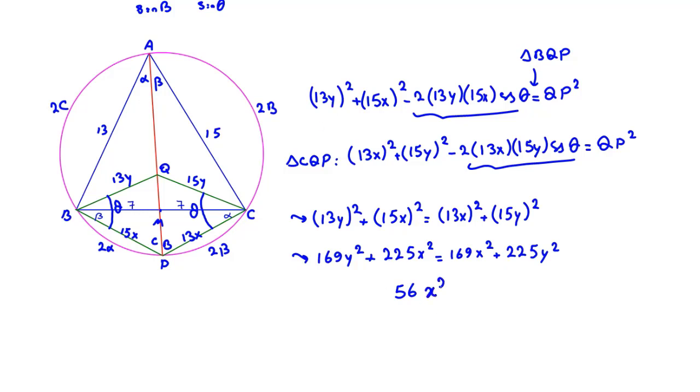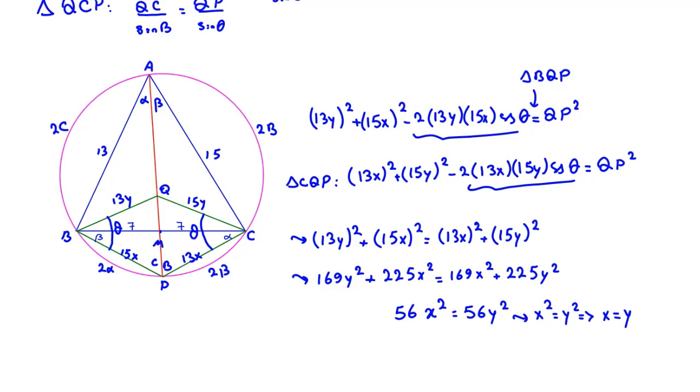So 56x squared equals 56y squared. So x squared equals y squared and x equals y. Okay, now we can erase all the y's and replace them with x.